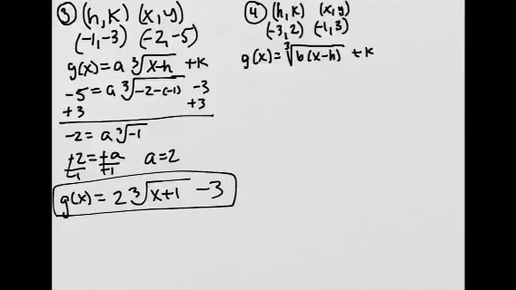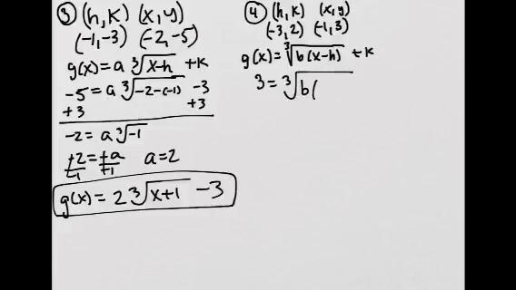Okay, so number 4, I did the same thing. I set it up so that you could see I identified h, k and x, y. And then this time they want you to use the equation with the b. So g of x is y, so I'm going to replace that with a 3. And the cube root of b is what we're solving for.